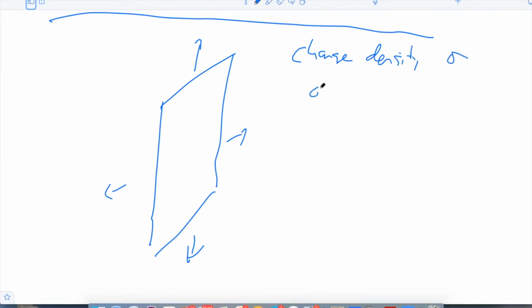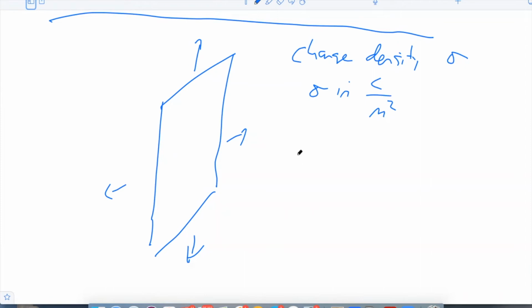So this sigma here is in coulombs per square meter, because this is a flat plane. There are no volumes here. I can't even talk about charge per unit volume. I can't even talk about total charge. My total charge is infinite. I've got an infinite plane. What I can talk about is, well, if I cut out a square meter of it, how much charge lives there? It's a charge density.